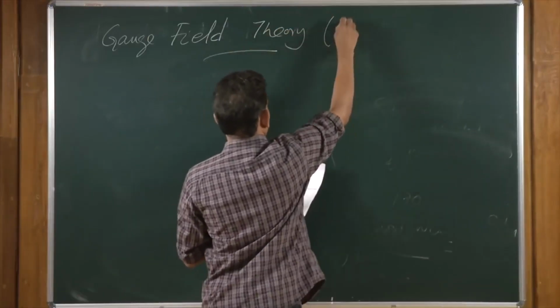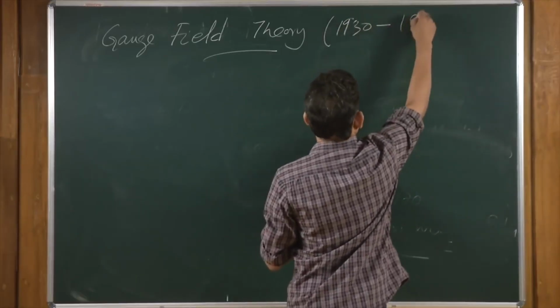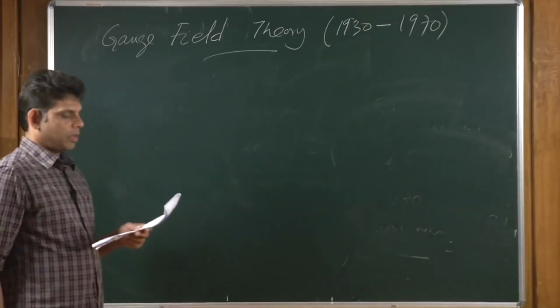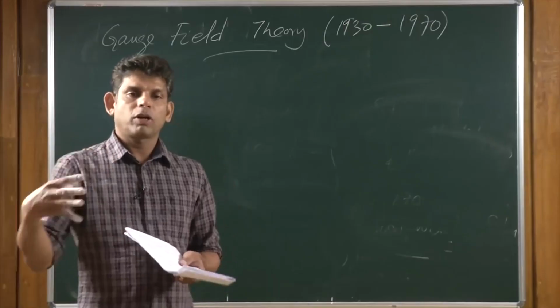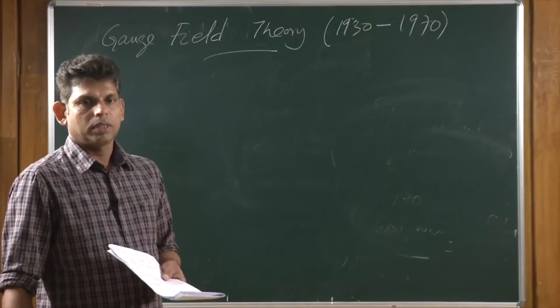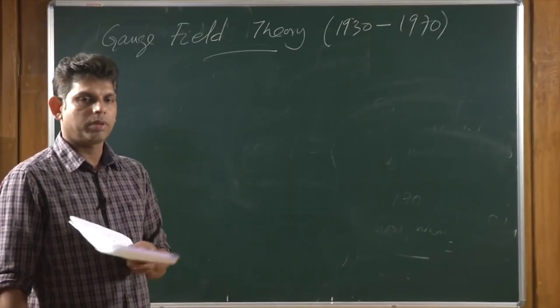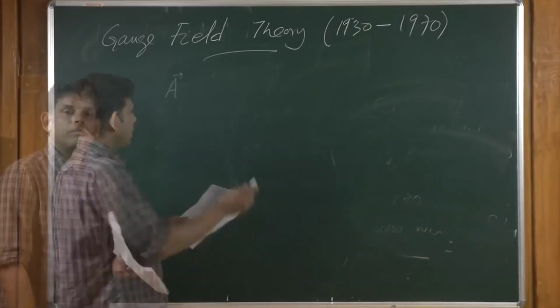This was developed in the 1930s to 1970, and then people established this as one of the ways to understand the dynamics of the fundamental forces that the elementary particles experience.